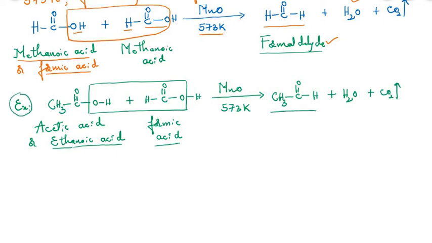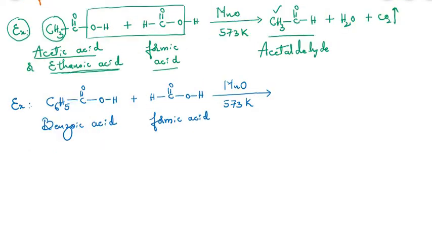So here we are having ethanoic acid, or it is also called acetic acid, right? So here this alkyl group is not H, it is a CH3, so therefore we are ending with CH3. It means that of the two carboxylic acids used, if one of the acids is other than formic acid, then we will be ending with an aldehyde but not formaldehyde.